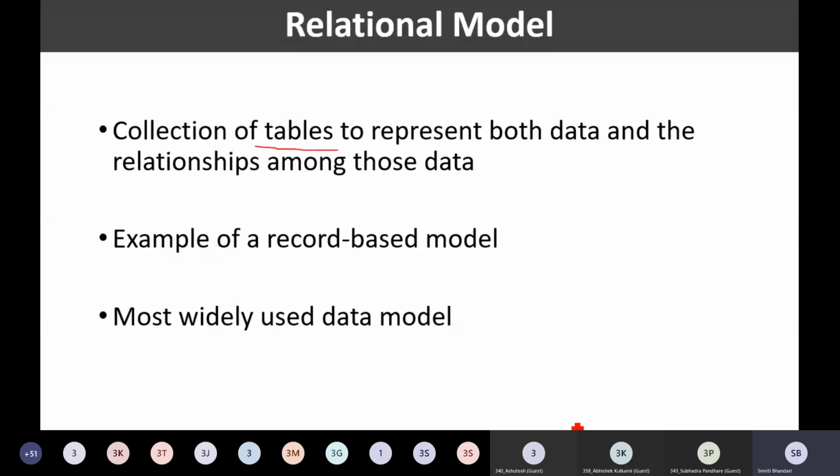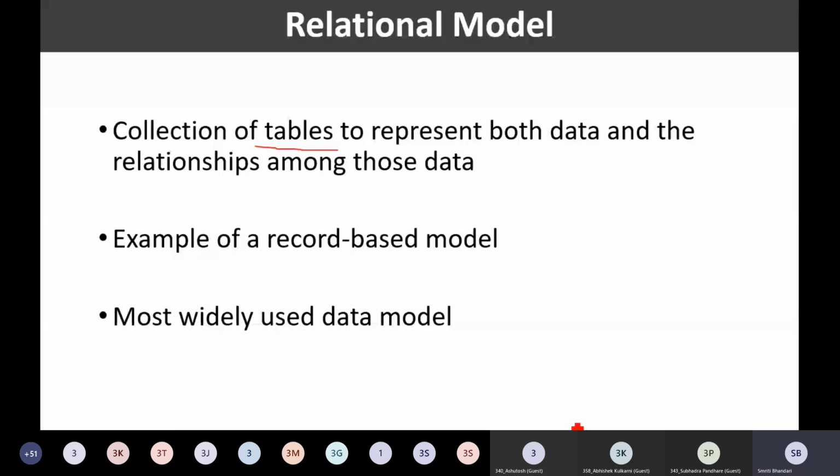In the relational model, we represent those entity sets as well as the relationship between them in the form of tables. We'll have one table for instructor, one table for student, and for advisor, the relationship, we'll also have one table in our relational model. The relational model is an example of a record-based model.